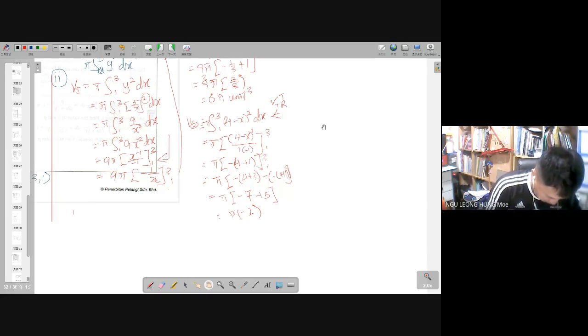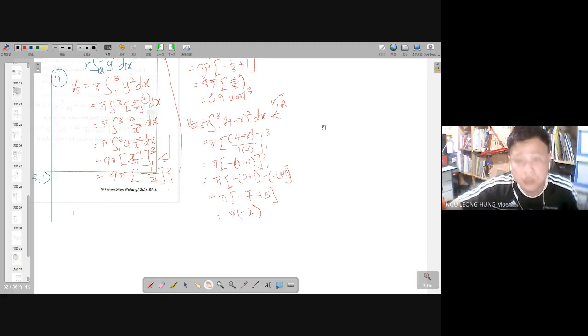The first one is 6, yes, correct. The second one is wrong. Oh, sorry, I do the mistake here. This one is not minus, this one is plus 1. So this one is 3.